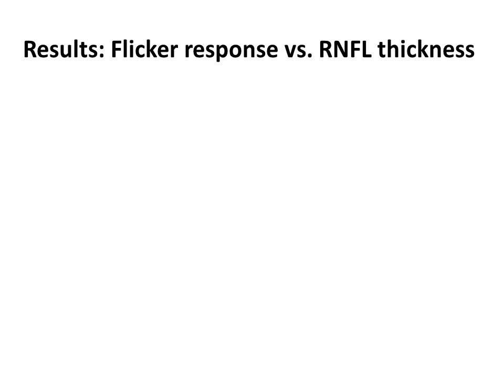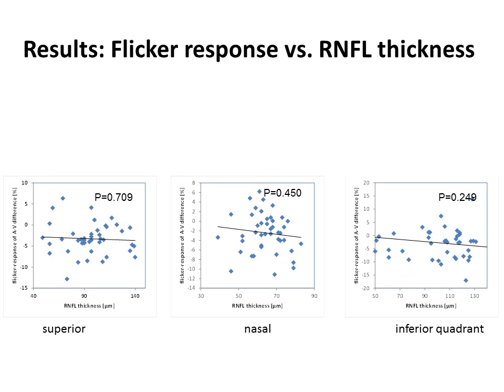But if this is the case, we should have a correlation between the flicker response and the retinal nerve fiber layer thickness. We checked for that, and there was a slight trend, but there was no significant correlation.